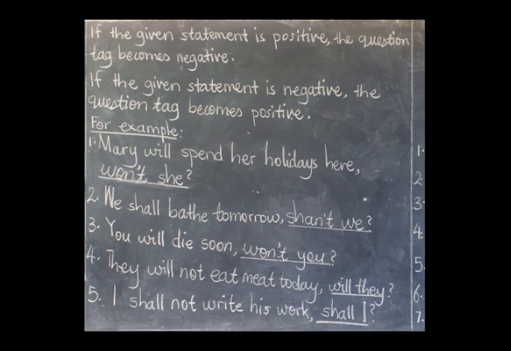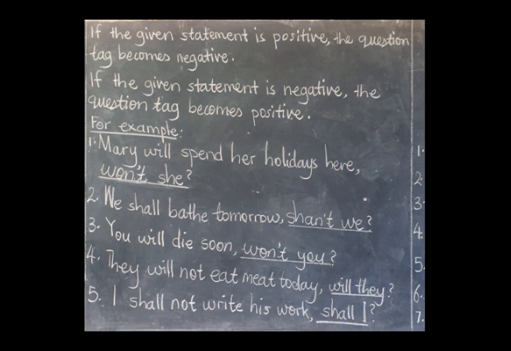They will not eat meat tomorrow. It becomes negative because it is refusing that they will eat meat tomorrow or today. Then we use will, and then we make the statement. The statement is already negative, and therefore the question tag is going to become positive.